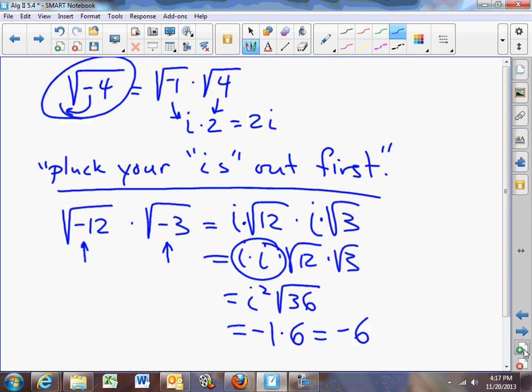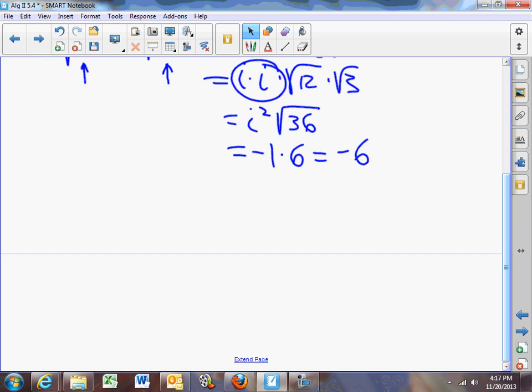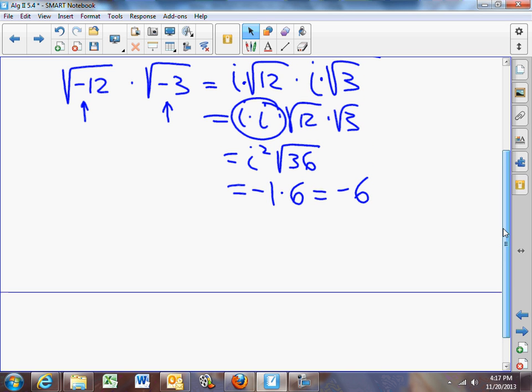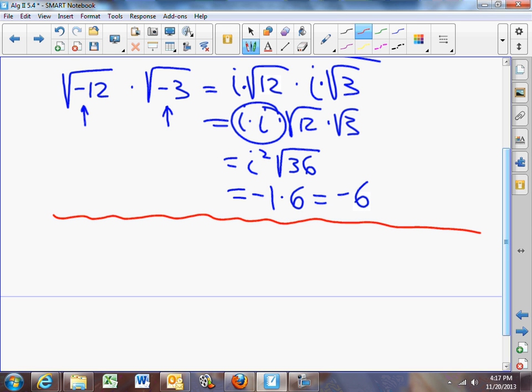Now, I almost hesitate to even do this because if you see this, I'm afraid you may say, well, I'll do it that way. And what I'm about to show you is wrong. I'm going to write it in red, and then I'm going to put a big red X through it afterwards. What you're about to see is wrong, and I'm trying to illustrate the mistake you can make if you don't pluck your i's out first.